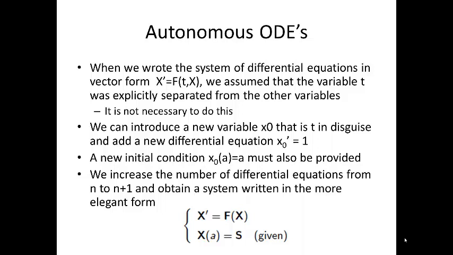A new initial condition x0 of a is equal to a must also be provided. Basically, we increase the number of differential equations from n to n plus 1 and obtain a system written in a more elegant form, where X prime is equal to f of capital X and X of a is equal to s.